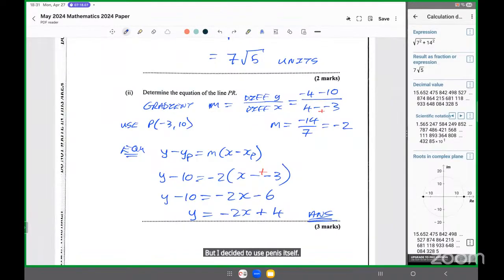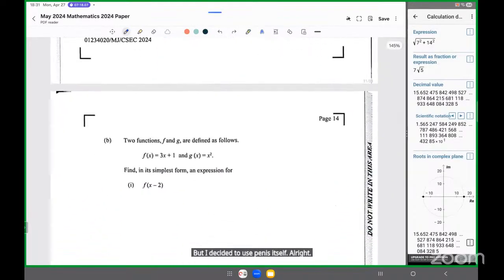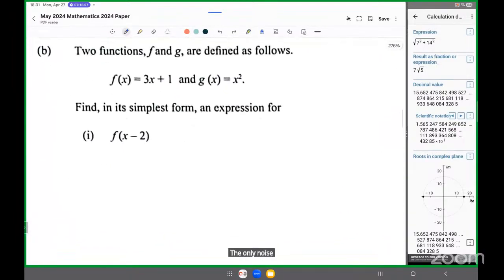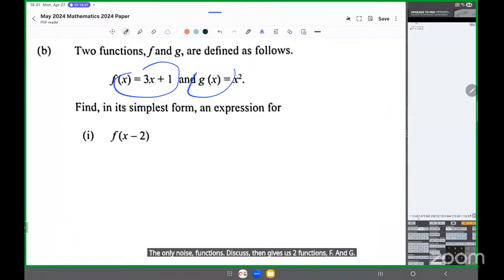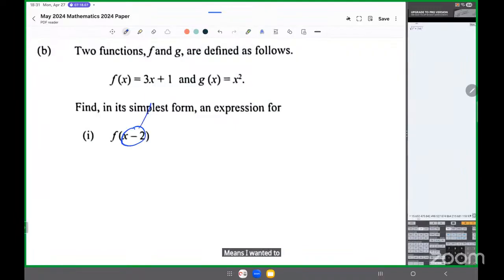All right? Let's continue. Down here now is functions. This question gives us 2 functions, f and g. First one wants f of x minus 2. It means I want to take x minus 2 and replace the x right here. That's all. So if this is f of x, then f of x minus 2 means that this becomes x minus 2.